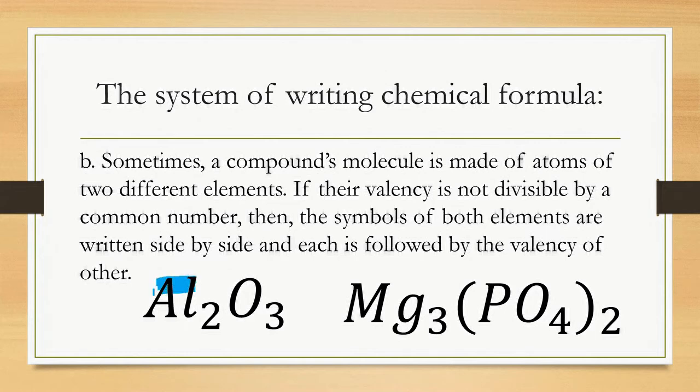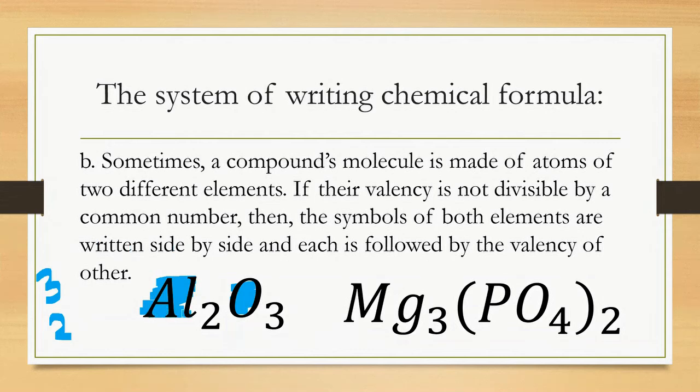They are aluminium and oxygen. We know the valency of aluminium is 3 and the valency of oxygen is 2. 3 and 2 are not divisible by a common number. Then the symbols of elements are written side by side.